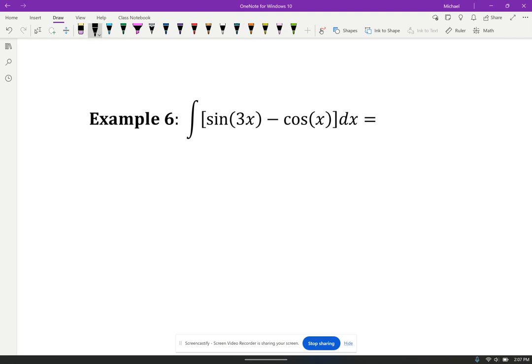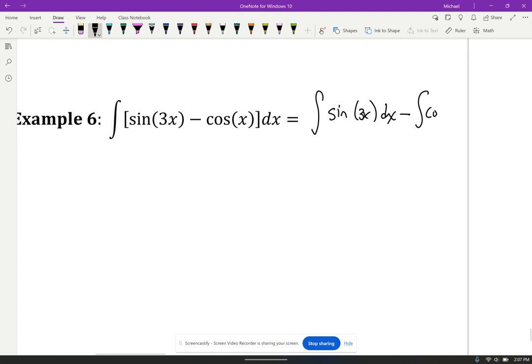And so if I were you, I would rewrite this as the integral of sine 3x dx minus the integral of cosine x dx. Since we're subtracting terms in the integrand, this is called the integrand. The whole thing is an integral, but this is the integrand. Since there are 2 terms in the integrand, and I'm subtracting them, I can split them apart and say the first integral minus the second integral.